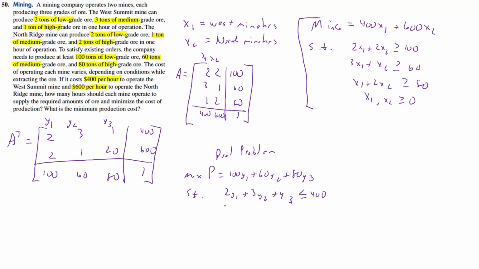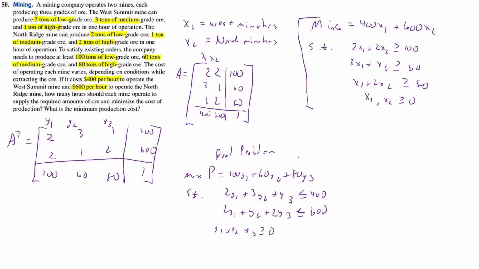And then we have 2y1 plus y2 plus 2y3, and that's going to be less than or equal to 600. Is that really a 20 there? No, it's just a 2. I don't know why there's a 20 there, so that didn't make sense. All right, so we got our 2, and then less than or equal to 600. And then y1, y2, and y3 have to be greater than or equal to 0.